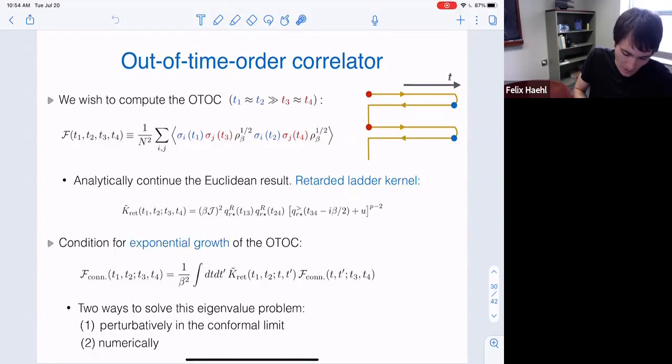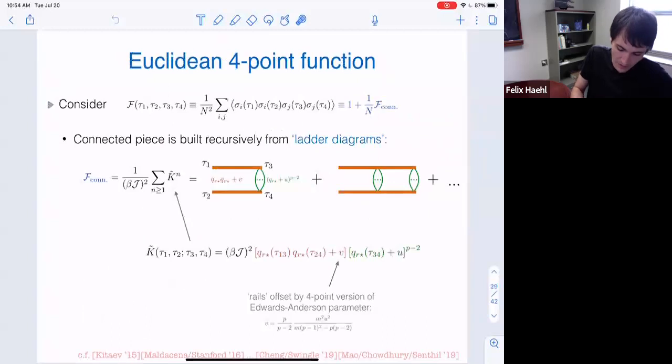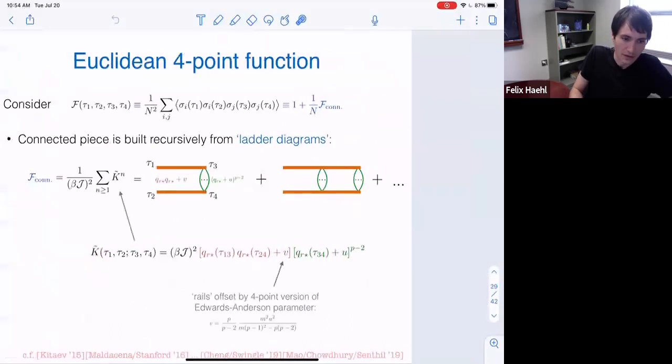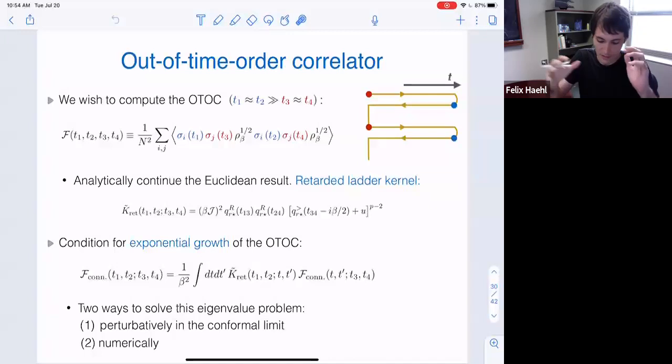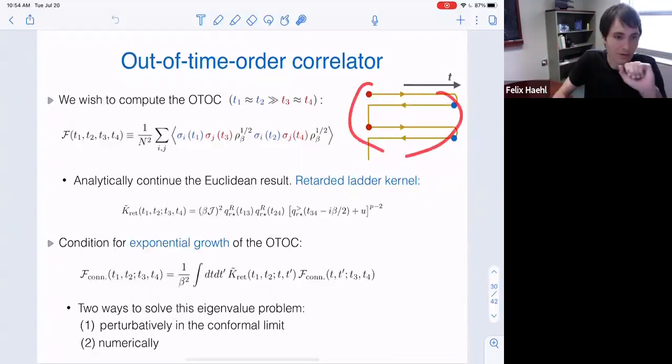Here t is real time, and we consider this configuration on the complex time contour. We simply analytically continue the geometric series from the Euclidean case. So there's some real-time kernel that tells you what it means to add more ladders to this real-time 4-point function.